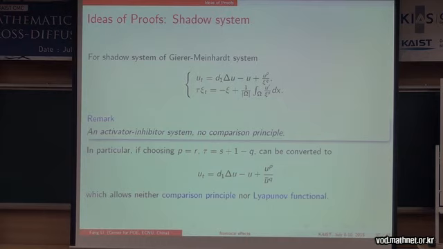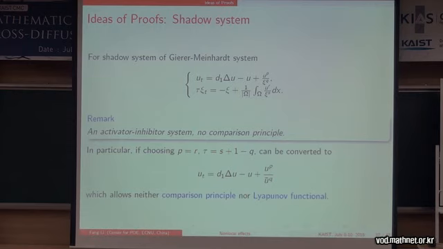The last case is the shadow system, the Gierer-Meinhardt system. You see there are, even from the fundamental properties, global existence and finite-time blow-up solutions, some serious discrepancies. There's a reason for that. Because this is an activator-inhibitor system, there's no comparison principle. So things are dramatically different.